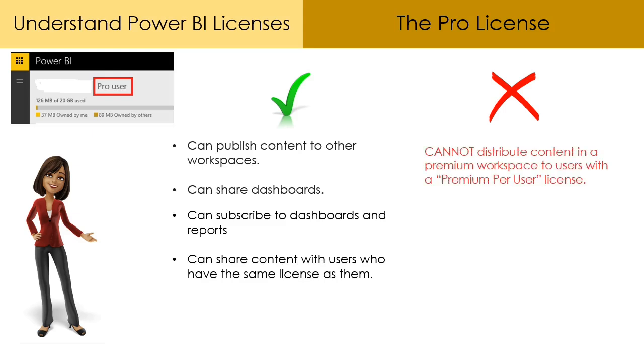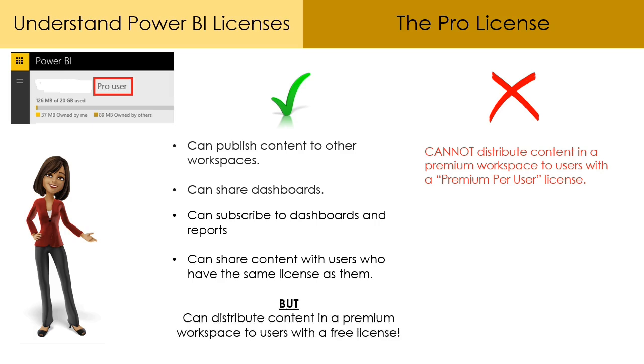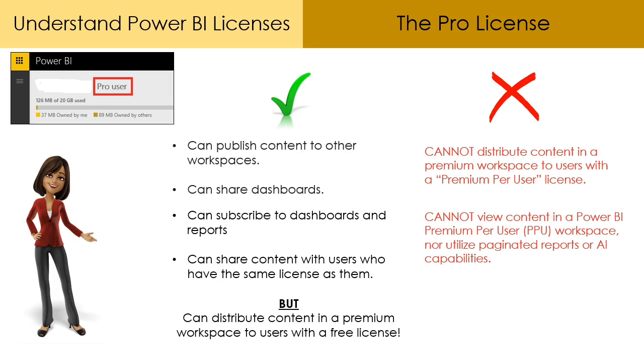They cannot distribute content in a premium workspace to users with a premium per user license. Instead, they can only distribute content in a premium workspace to users with a free license. The Pro license also restricts users from viewing content in a Power BI Premium per user (PPU) workspace and from utilizing paginated reports or AI capabilities.